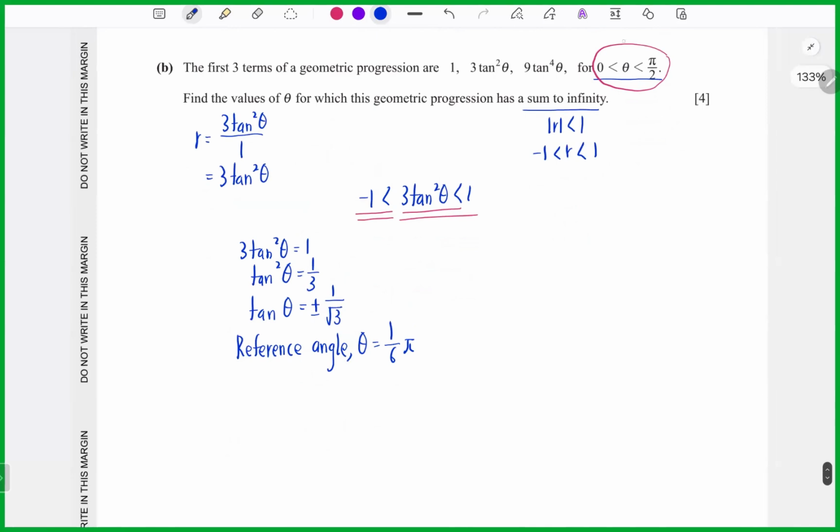But you see, the question says we need to find in the first quadrant only. So your answer is very tight. So you just take theta from 0 to positive 1 over 6 pi only. Okay, so I hope you can get it.